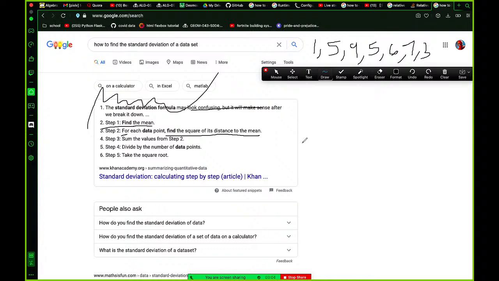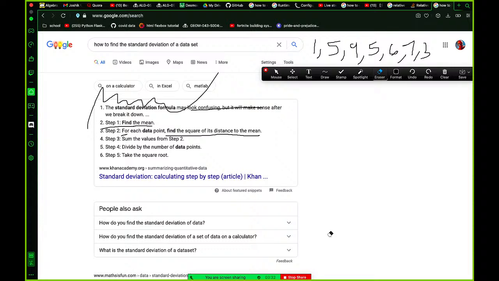So does everybody know what a mean is? It's like the average. Isn't it where you add up all the numbers in the data set and divide it by how many numbers there are? Yeah, that's exactly what it is.